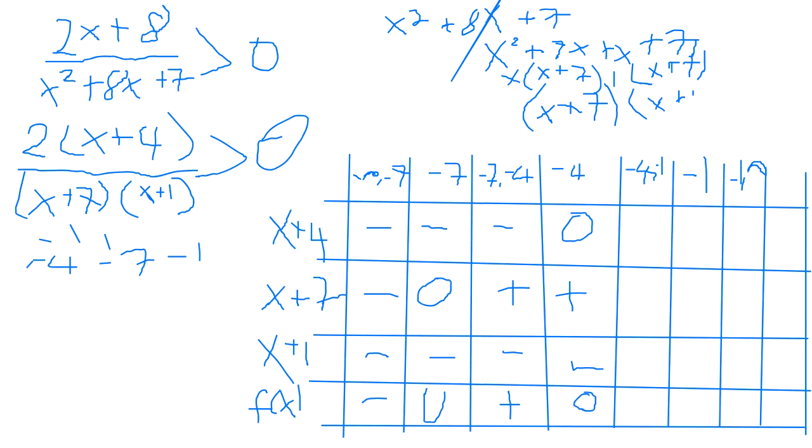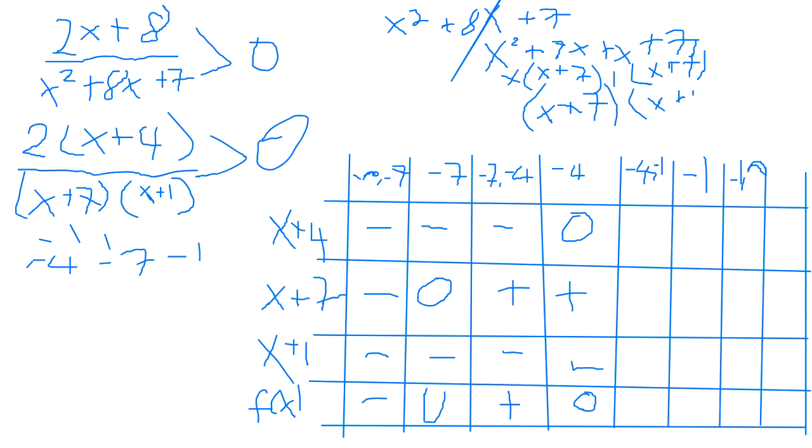Now between negative 4 and negative 1. Yes, your hand is up. On negative 7, why on f of x do we put undefined? Because x plus 7 is down. Any number divided by 0 is 0. But it's 0 divided by negative.